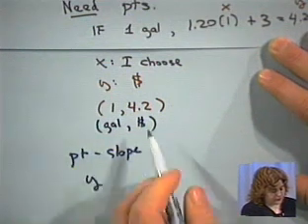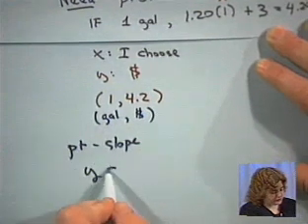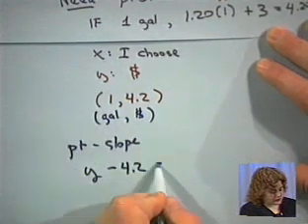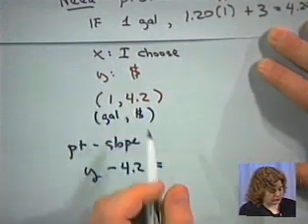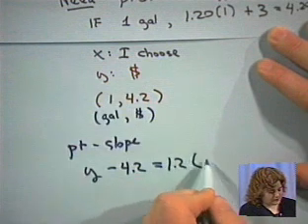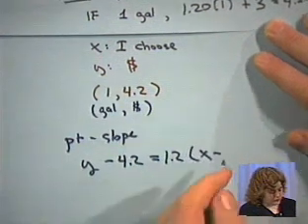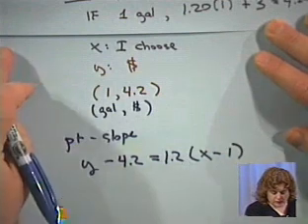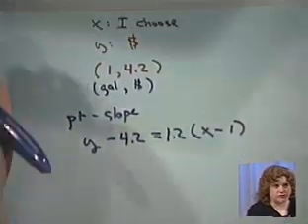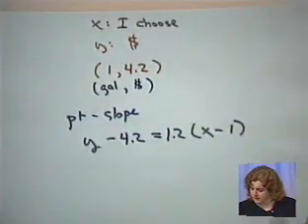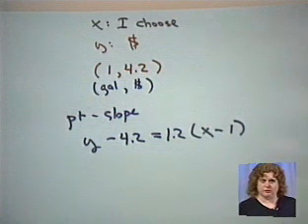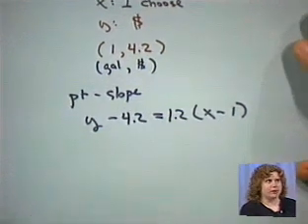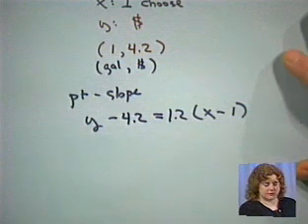So y minus my y coordinate, which is 4.2, is going to equal my slope, and that's 1.2, times x minus 1. I'm going to go ahead and rearrange this into slope-intercept form because that's often very useful in a situation like this. Then I can just decide, oh, 10 gallons, give me a cost.